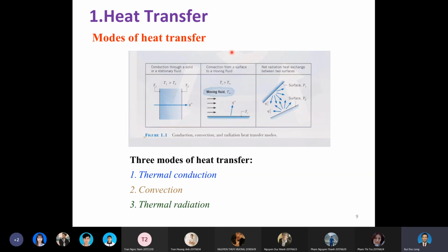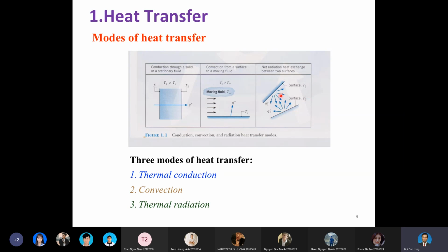That also happens due to convection. So that's another example.